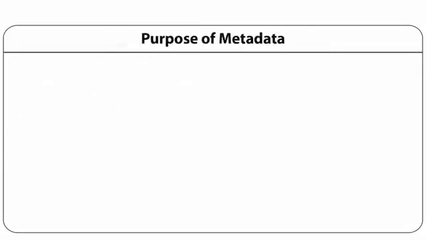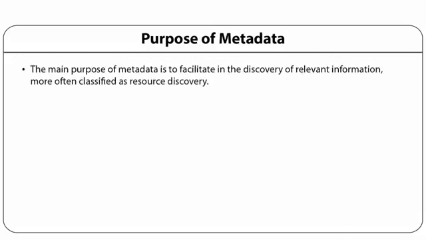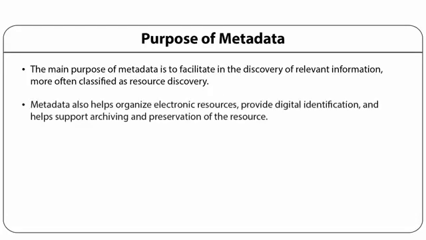Purpose of metadata. The main purpose of metadata is to facilitate the discovery of relevant information, more often classified as resource discovery. Metadata also helps organize electronic resources, provide digital identification, and supports archiving and preservation of the resource.